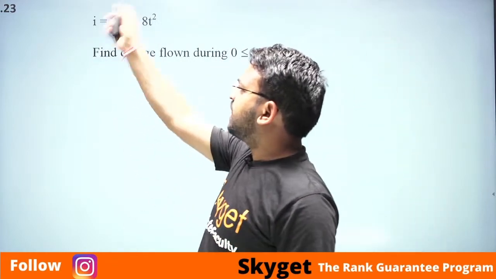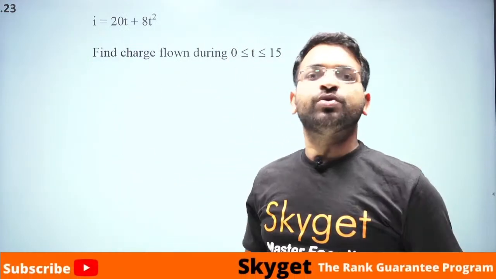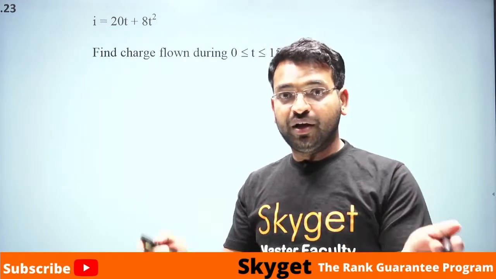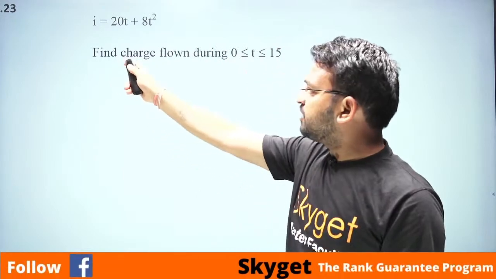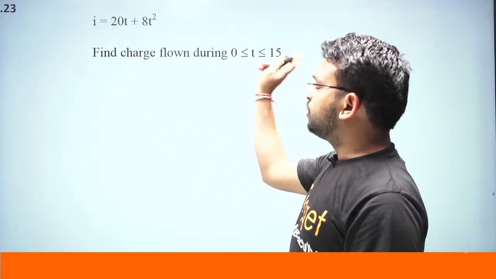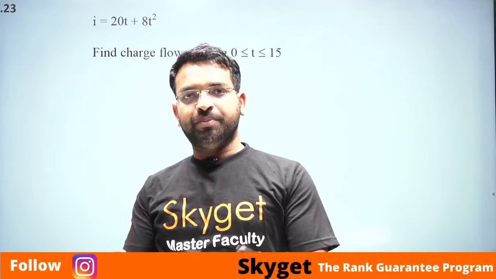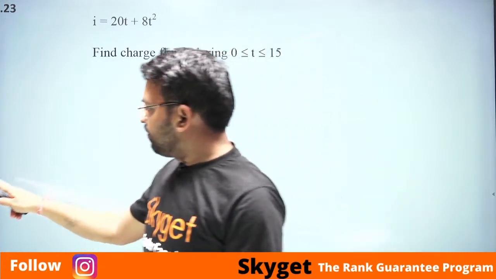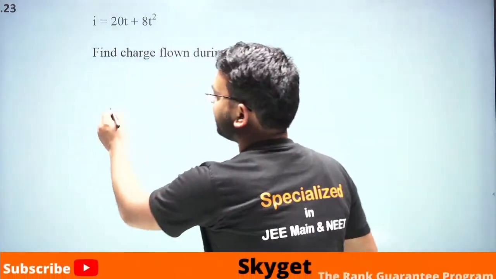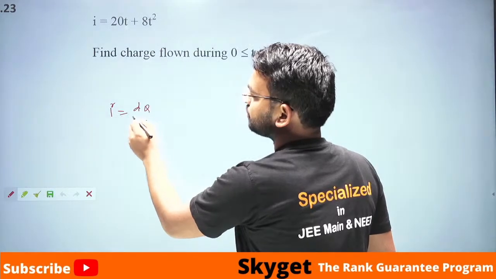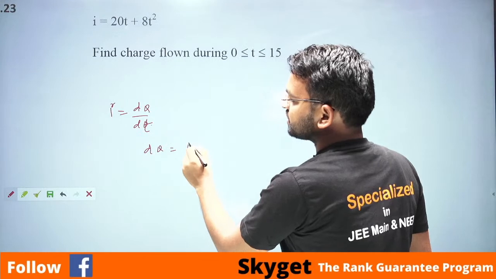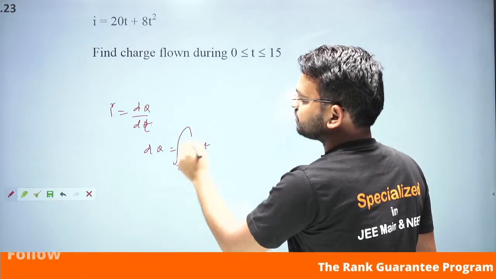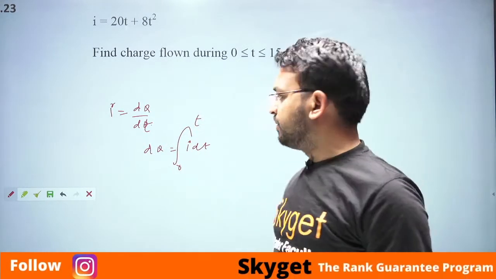Now in this case they have given a variable equation for the current, and variable means, remember, the differentiation or integration we have already discussed. They are asking to find the charge flown from 0 to 15 seconds. Between 0 to 15 seconds, how much charge will be flowing? If you remember the equation for the current, current is change in charge over change in time. So dq can be written as I times dt, and integration from 0 to t, whatever the time limit they have given.